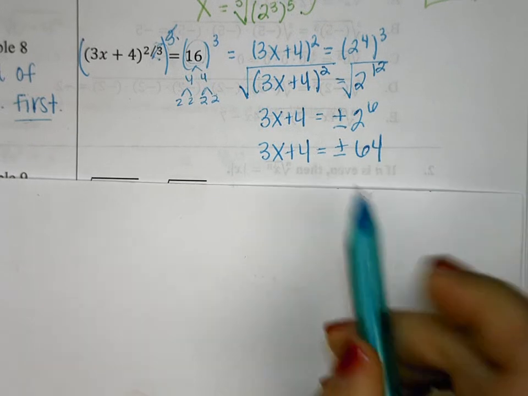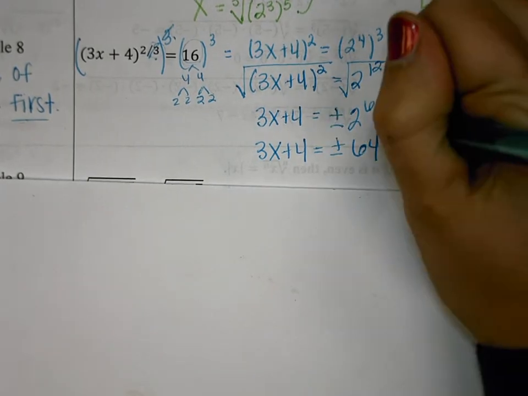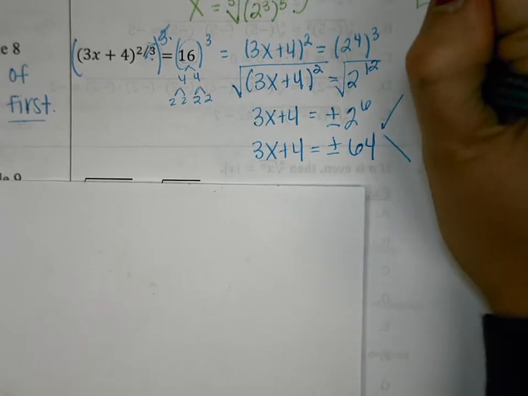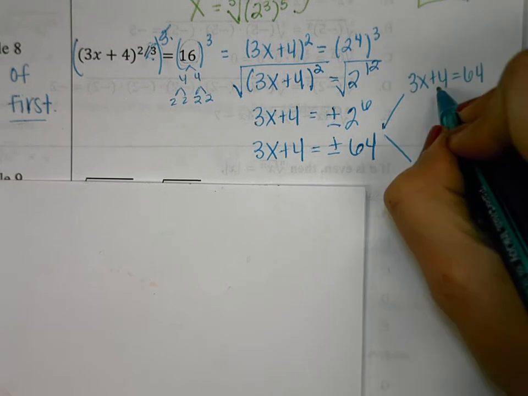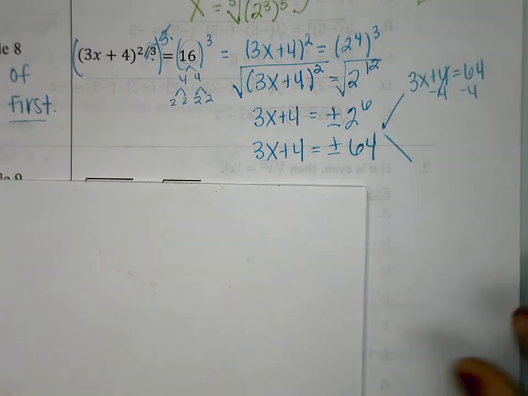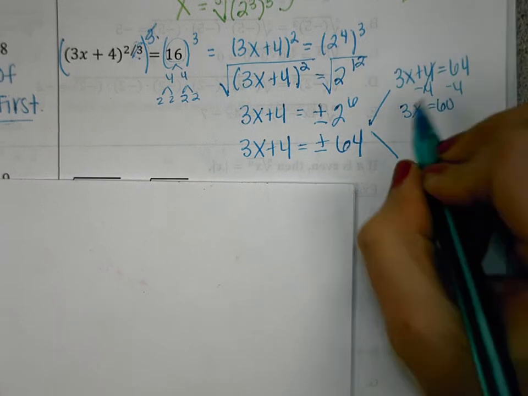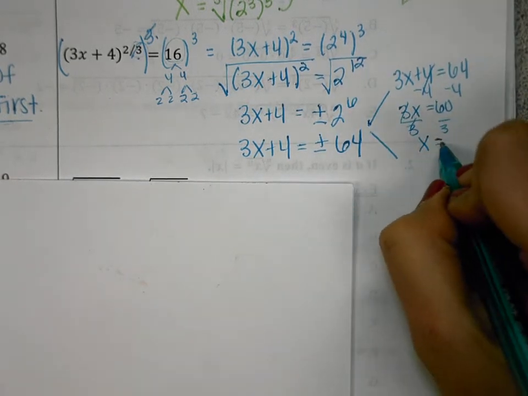And we have two scenarios again. So let's set each one equal to the positive and equal to the negative. So that's going to give me 3x plus 4 equals 64. Subtract 4 from both sides. So 3x equals 60. And divide both sides by 3 to get x equals 20.